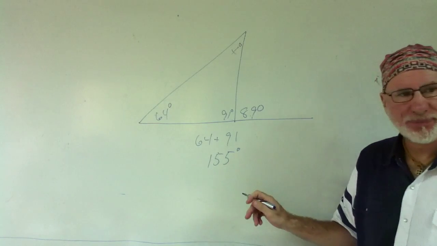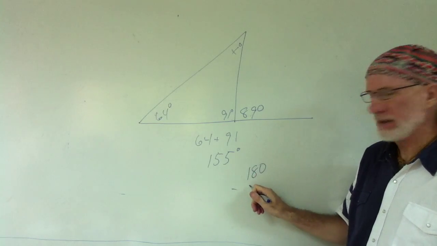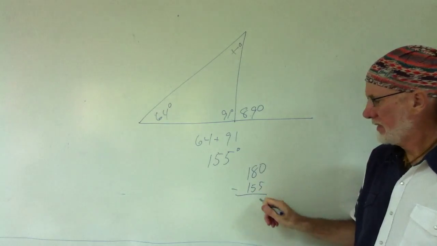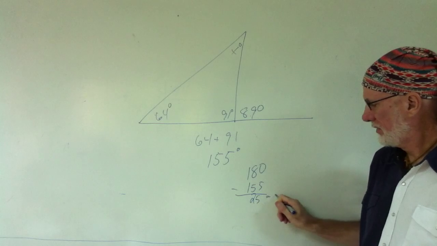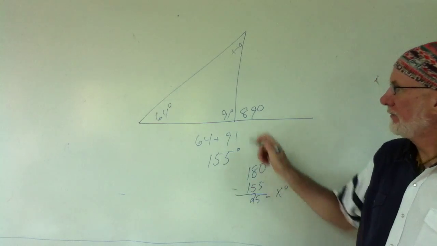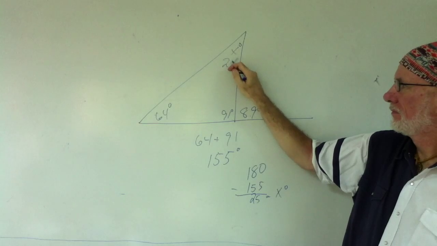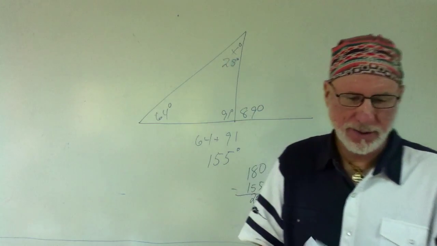Okay, now 180 minus 155 is 25. So X is 25. Okay? Right? Easy? Yes? Okay, good.